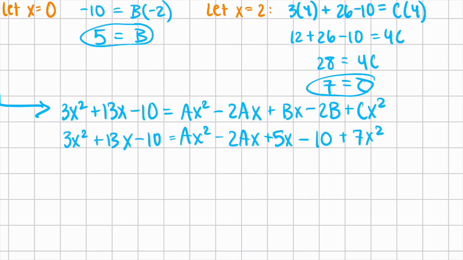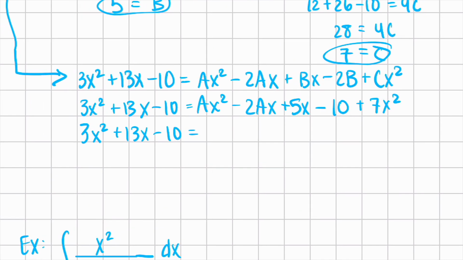Okay, so we have a couple options, but I'm going to group together on the right side of the equation. I'm just copying the left side. I'm going to group together my x squareds, my x's, and then I'm going to put my constant together. So I have ax squared plus 7x squared minus 2ax plus 5x minus 10.